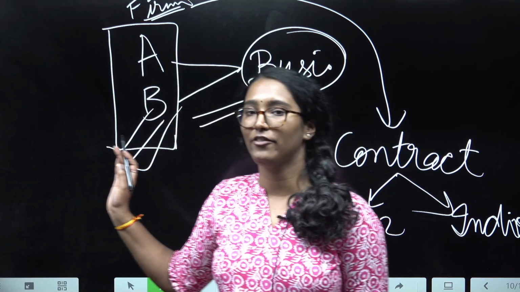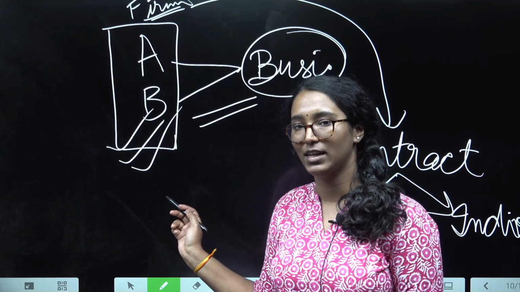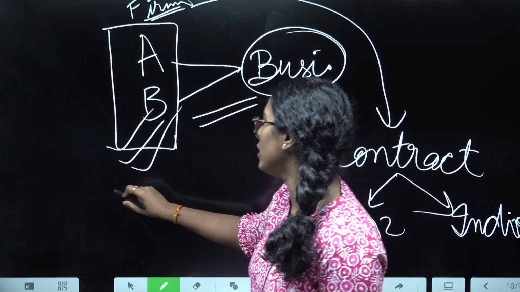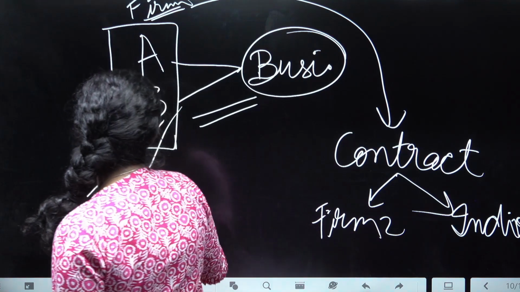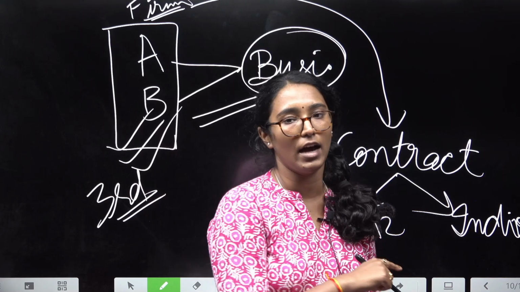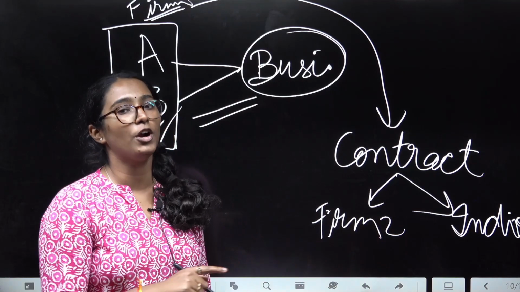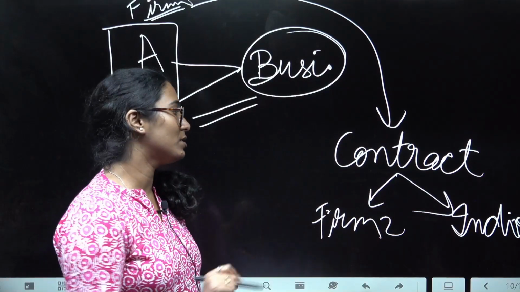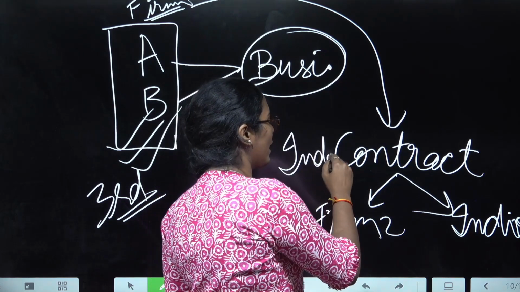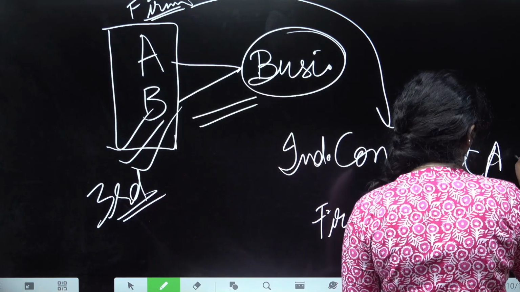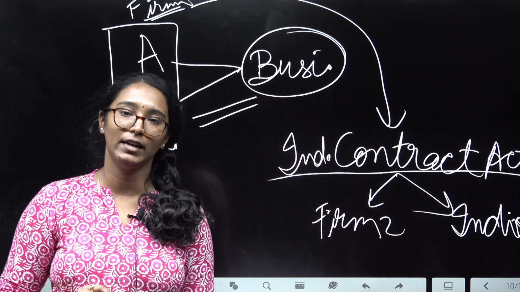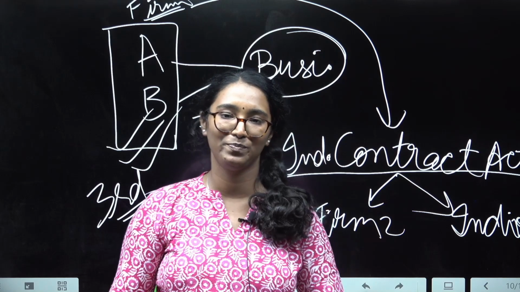So let's say if Indian Partnership Act 1932 states that you cannot hold a third party liable if you are not registered, then under Indian Contract Act the firm will not be able to do so, because the provisions of Indian Contract Act cannot override the Partnership Act. The Partnership Act cannot be overridden by the Indian Contract Act.